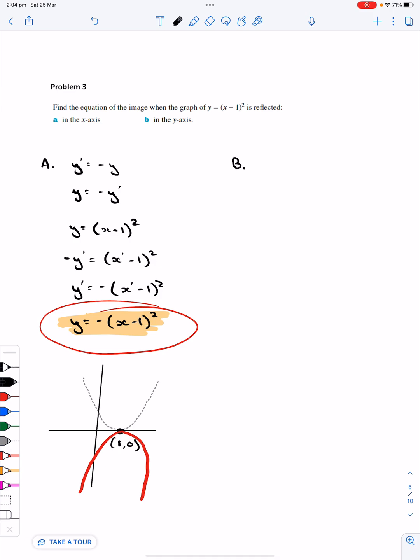If we then look at question B, this is a reflection in the y-axis. So this is going to be a horizontal reflection, and x image is going to equal negative x. If I write that in terms of x, that's negative x image. Therefore, if I work with my original equation, I'm going to get y image equals (negative x image minus 1) all squared.